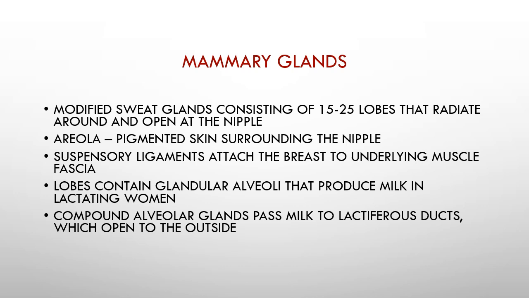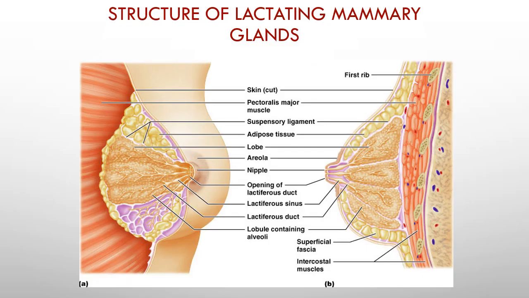Holding the structures of the mammary glands to the chest wall are suspensory ligaments. These embed themselves into the pectoral muscles just beneath the mammary glands. The individual lobes are where milk production occurs in lactating tissue, and that milk then becomes expressed out towards the nipple through the lactiferous ducts. So here we have an individual lobe.